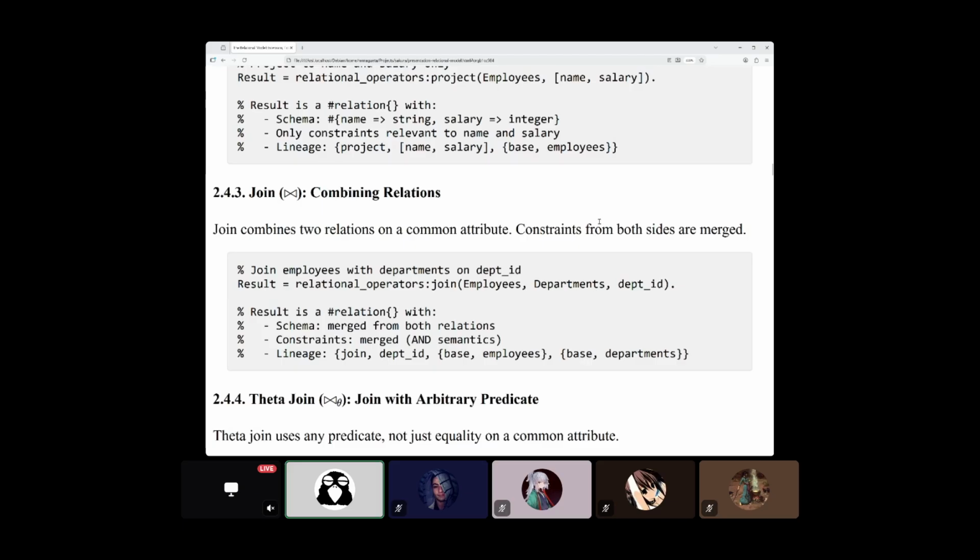Now, pretty simple as well. Join. Joins are a bit tricky, and I still didn't get them right on Sakura. But I'll try to do my best explaining it. When you do a join, essentially, a join is relying on a single shared point of knowledge between two different predicates, that is, relations in this case, to generate a new relation that attempts to represent a shared context that they express, they manifest.